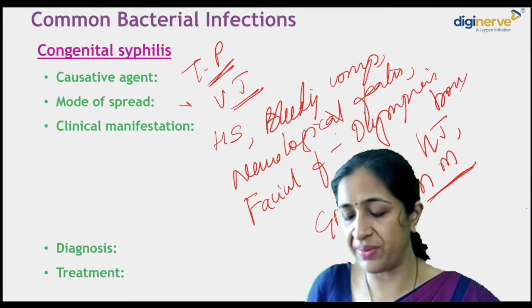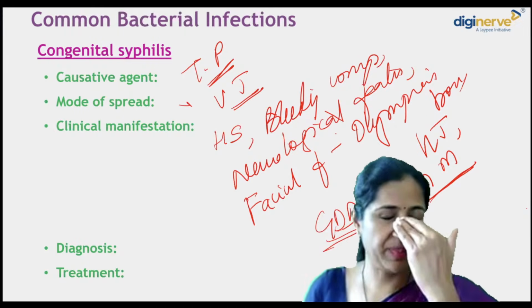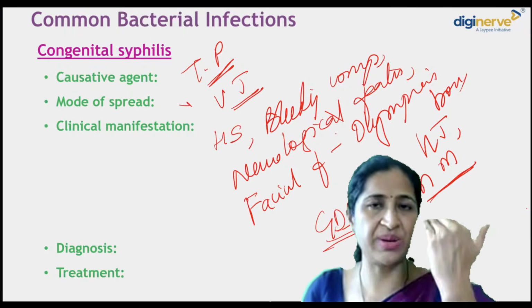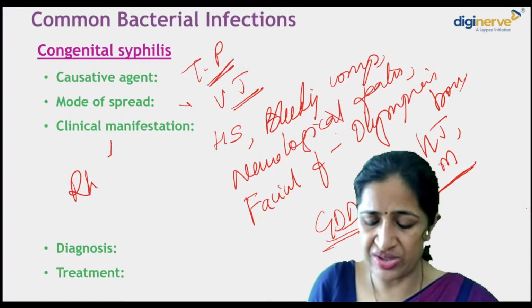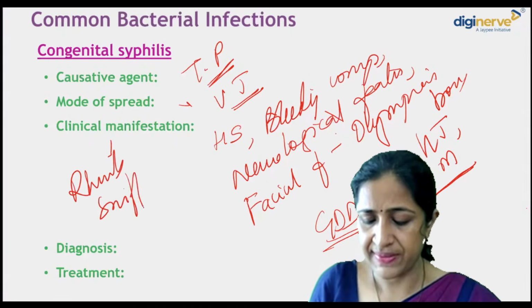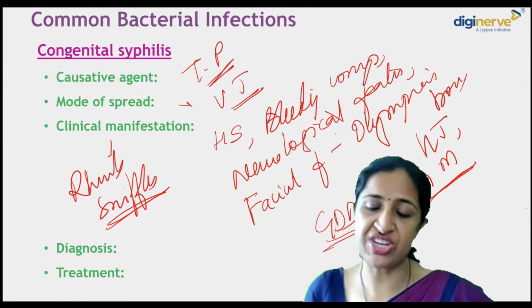With global developmental delay, the nose is totally depressed, a saddle nose, all these are features. Persistent rhinitis called sniffles, all these are features of congenital syphilis.